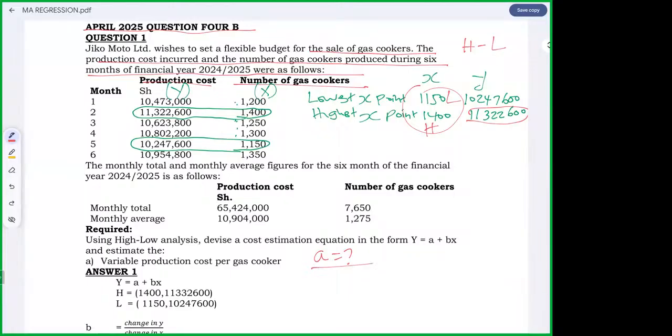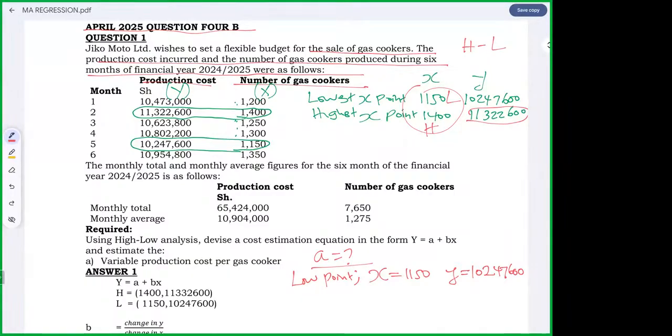So I'll pick low. So in the low point, I can see X is 1150 and the Y is 1,047,600, like that. Okay.